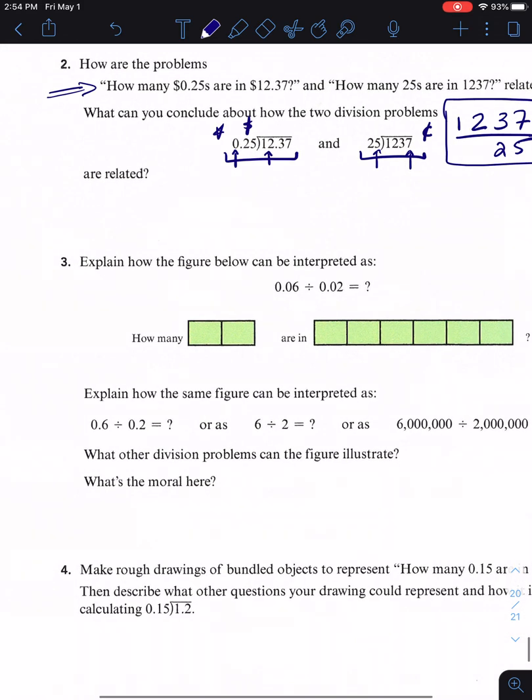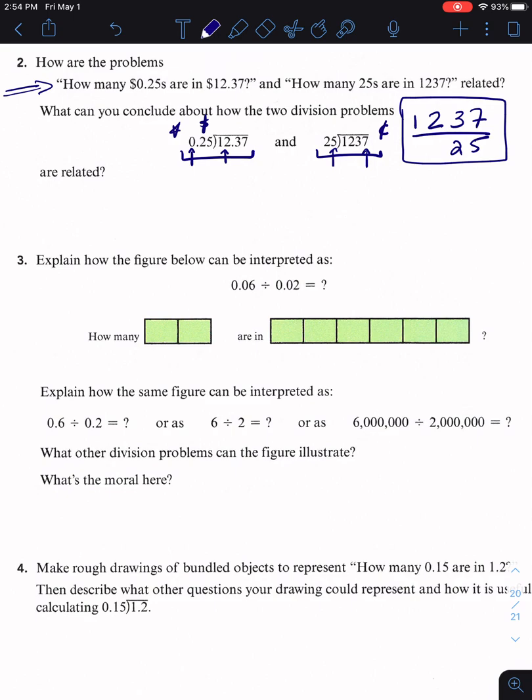So the same thing here with number 3. If we're looking at 0.06 divided by 0.02, we know that if our smallest unit here is hundredths, that's going to be the same ratio as if we just looked at 6 hundredths and 2 hundredths, if we change the unit.